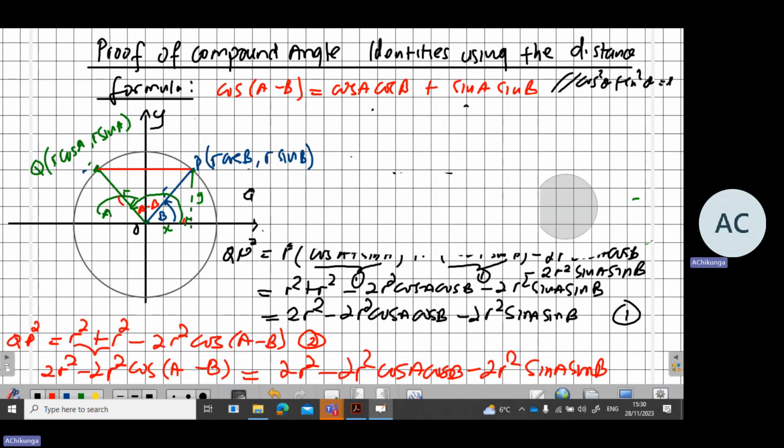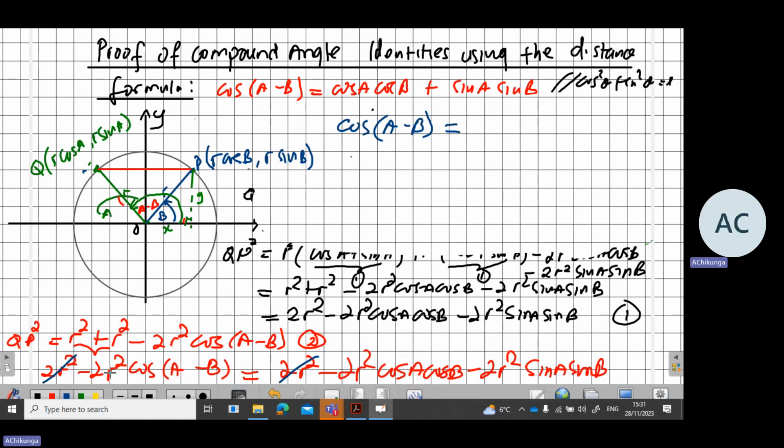So I'm going to make space here. What cancels out is the r squared are gone. This cancels out with this, and the r squared as well gets cancelled out, and the minus 2 throughout gets cancelled out, such that on the left hand side we are left with cos A minus B.